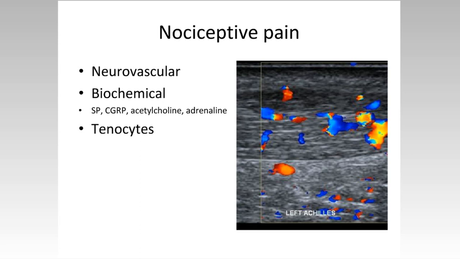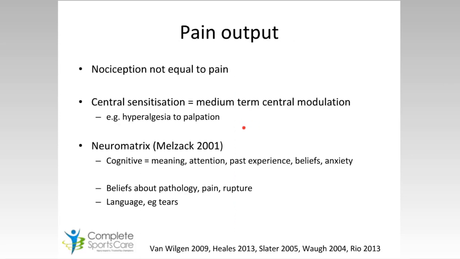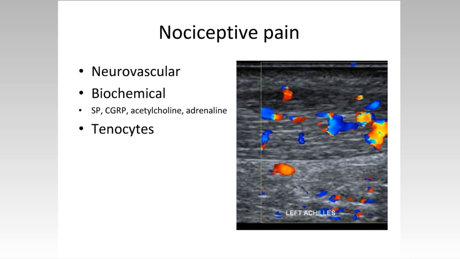This is for people that don't know, the sort of colourful stuff that you see in ultrasound. We know that Doppler is just a very unreliable measure. There are biochemicals that are associated with abnormal tissue, like substance P, that can be associated with pain, and we know that tenocytes can produce a lot of these biochemicals.